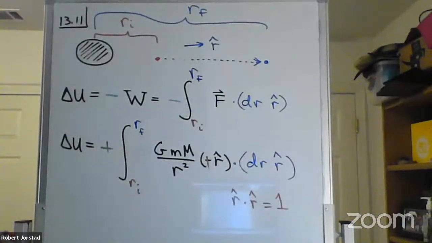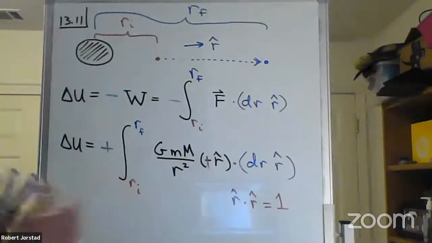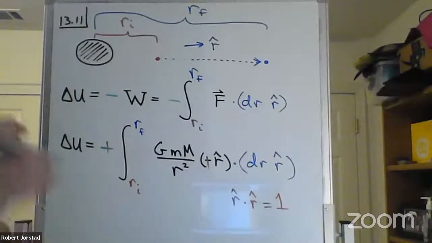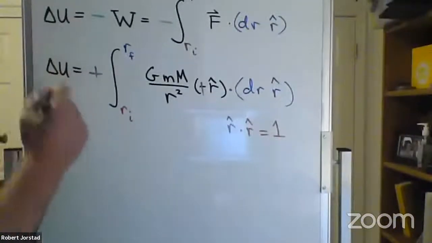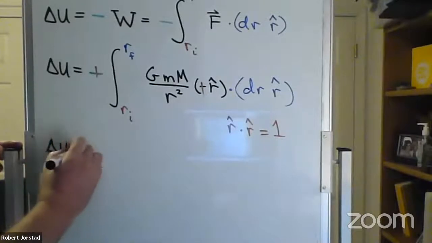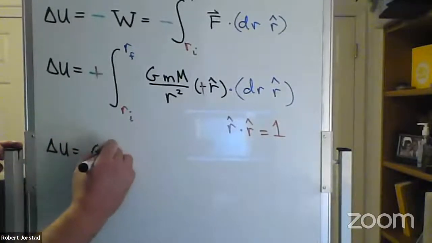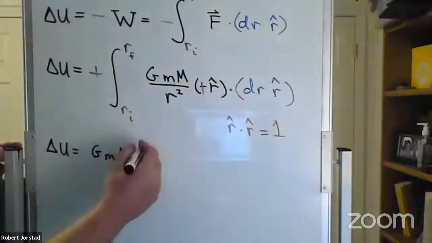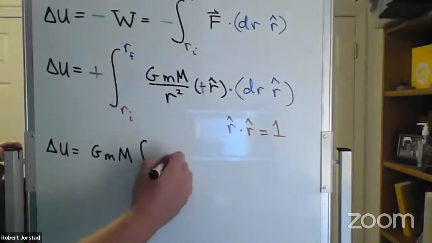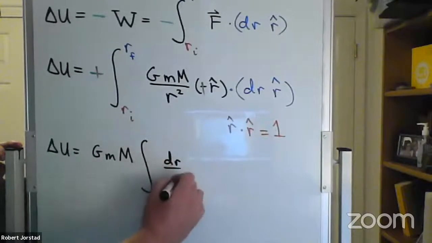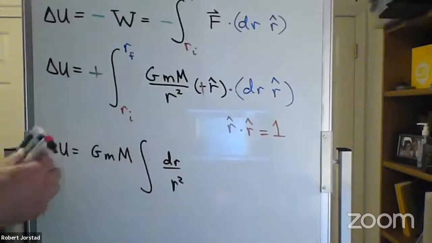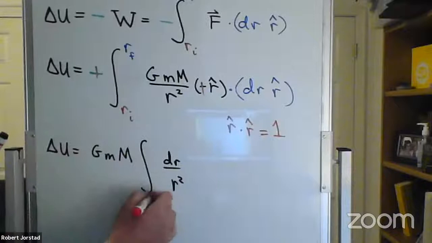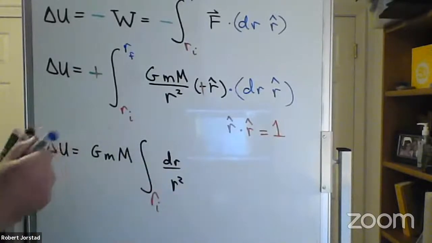Okay. So now at this point, I'm just going to rewrite. We got delta U is equal to G M M. Those are constants. The R hat dot R hat is 1, so we're left with dr over R squared, going from initial to final.